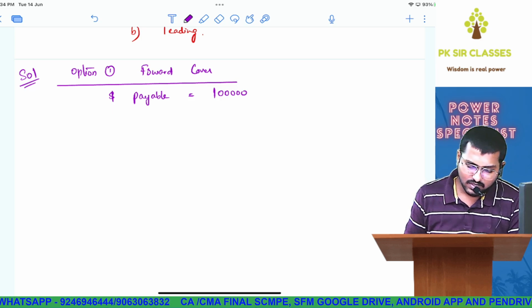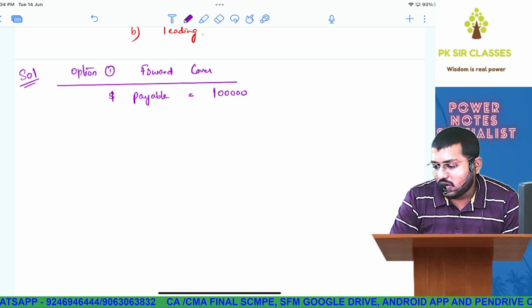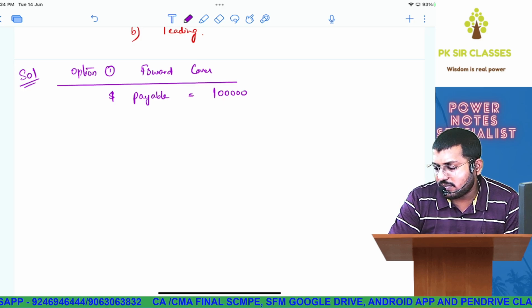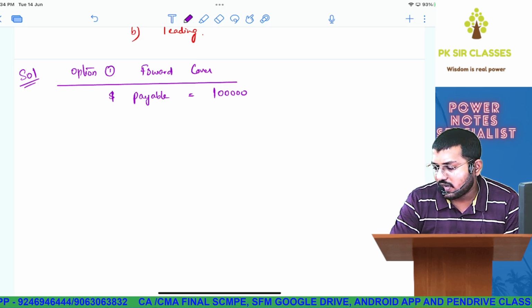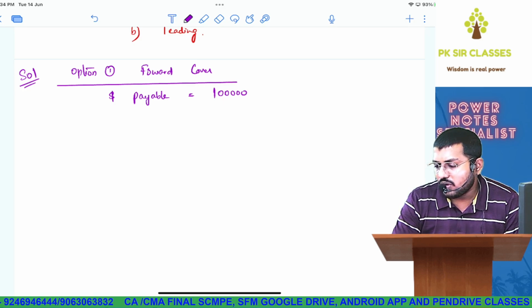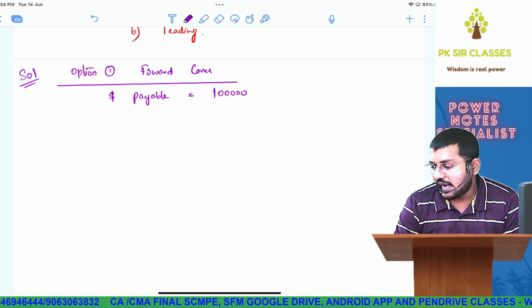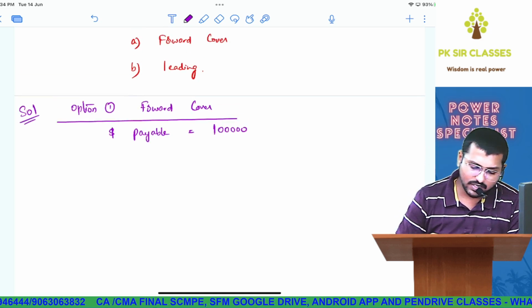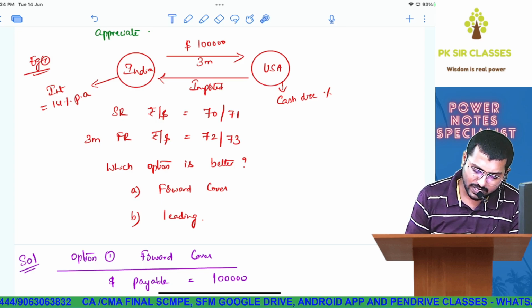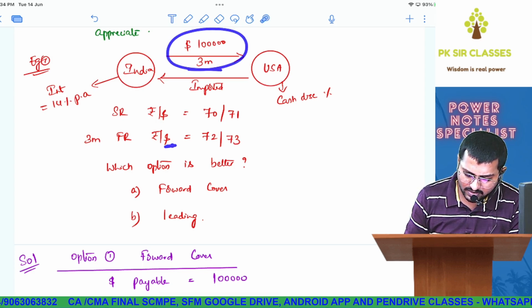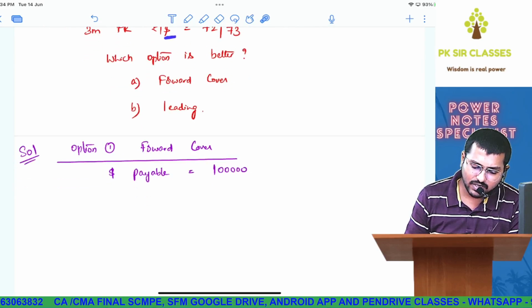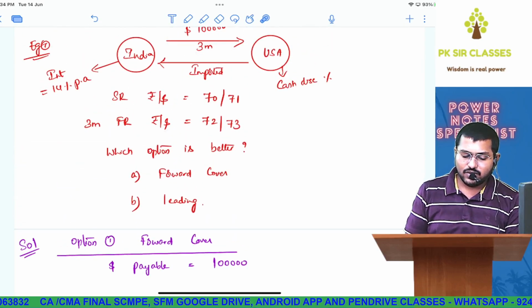Here you have to pay dollars, and the rate given is also dollars, which means directly we can multiply, correct? And you need to think from dollars perspective.